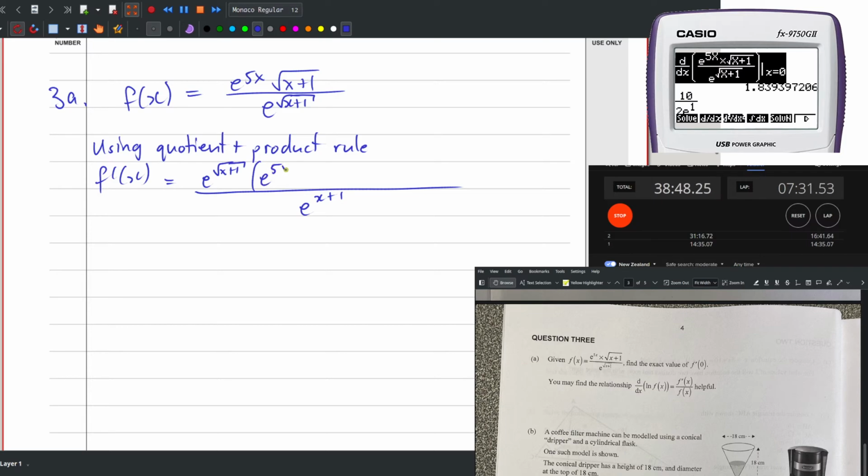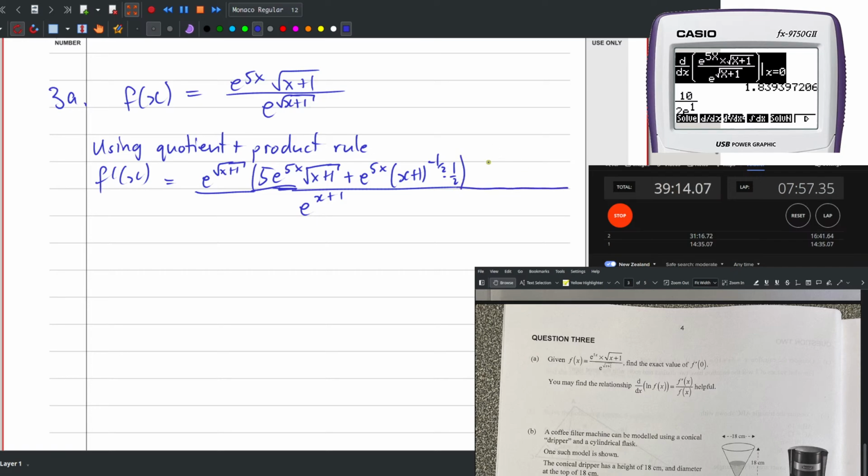So it's 5e to the 5x square root of x plus 1, plus e to the 5x times x plus 1 to the power negative a half times a half.